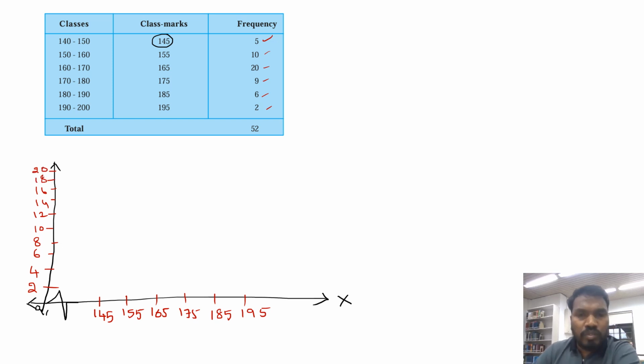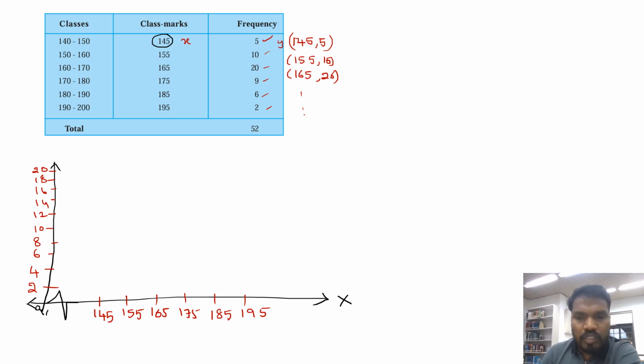Now you just connect these, so this is x and this is y, and your ordered pairs will be 145 comma 5, 155 comma 10, 165 comma 20 and so on. The first ordered pair is 145, 5, where 145 is the x number and 5 is the y number.